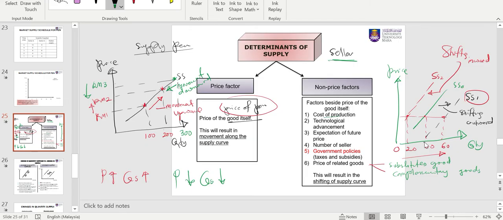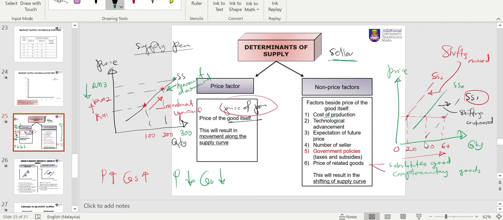Sebelum ni, kalau you goreng pisang tu dalam 15 ke 20 minit. Sekarang ni, because of the advancements of the technology, 5 minit goreng pisang masak. So, what happened there? As a producer, as a seller, you will be happy because with a short time period, you can produce much more compared to before.